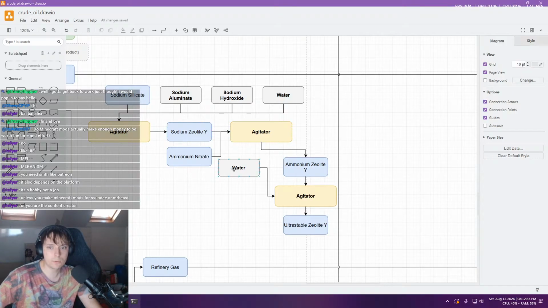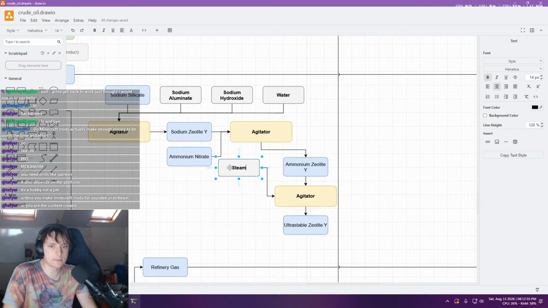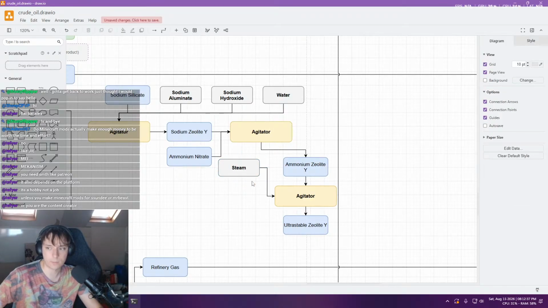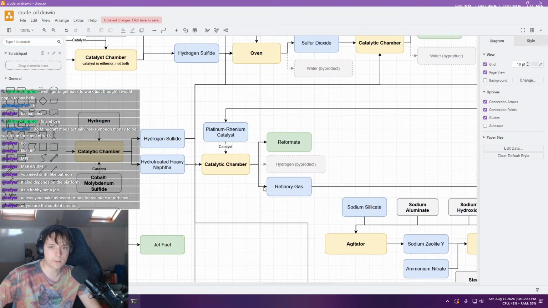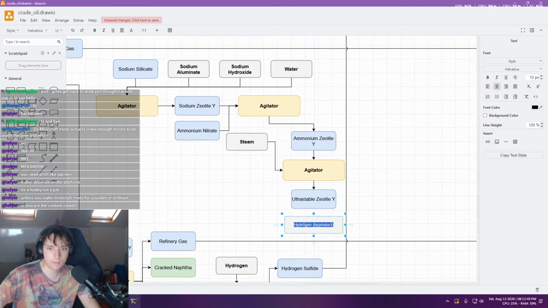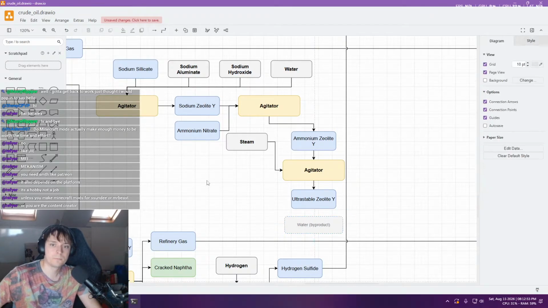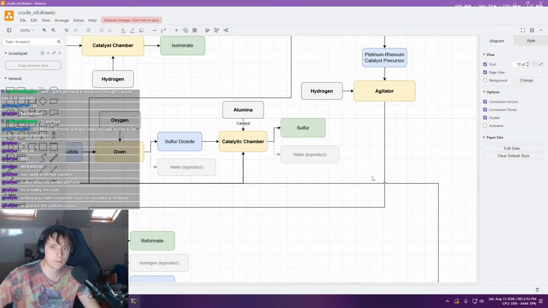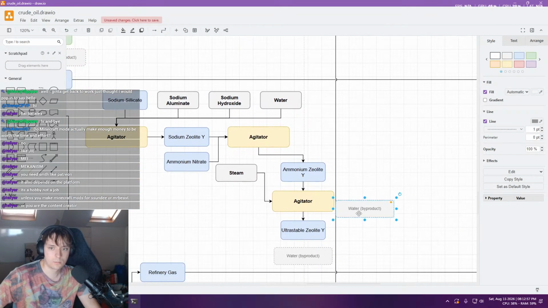Okay, apparently you do... Oh, this isn't water, by the way. This is steam. Okay. Yeah, there's byproducts here. So, the byproducts here are water and ammonia.